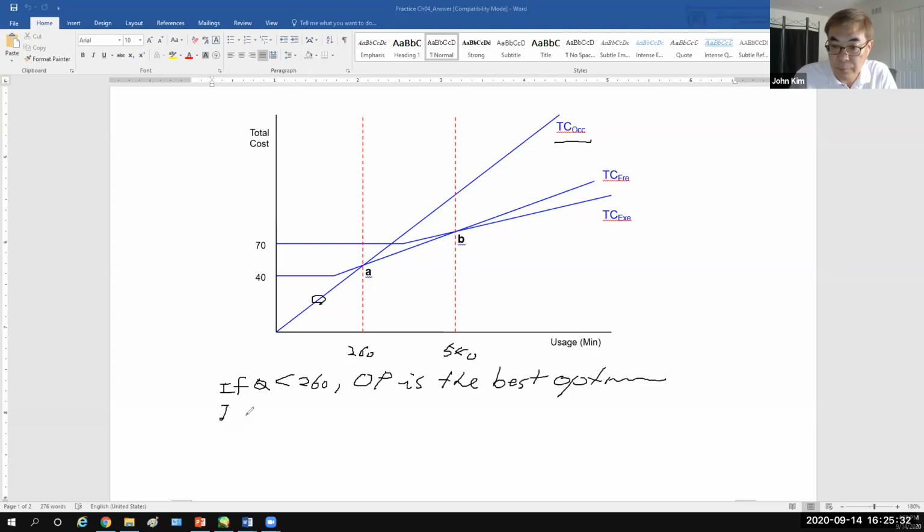Then if Q is greater than 260 and less than 540, then among three options, this one, frequent plan, is the best.